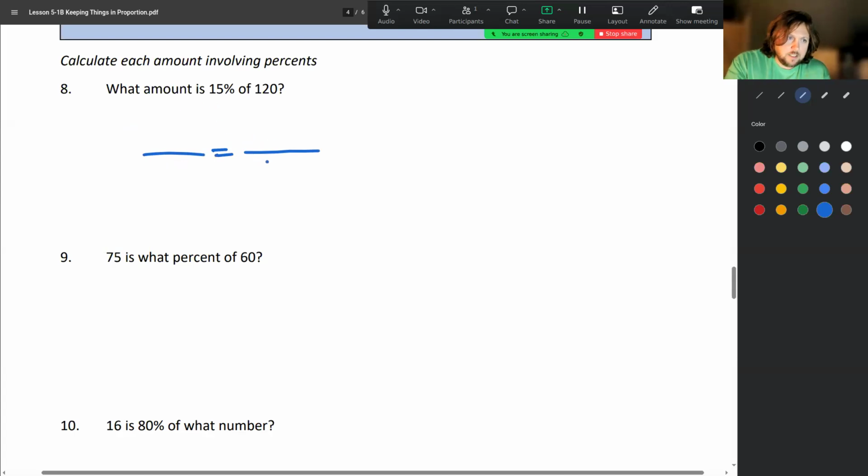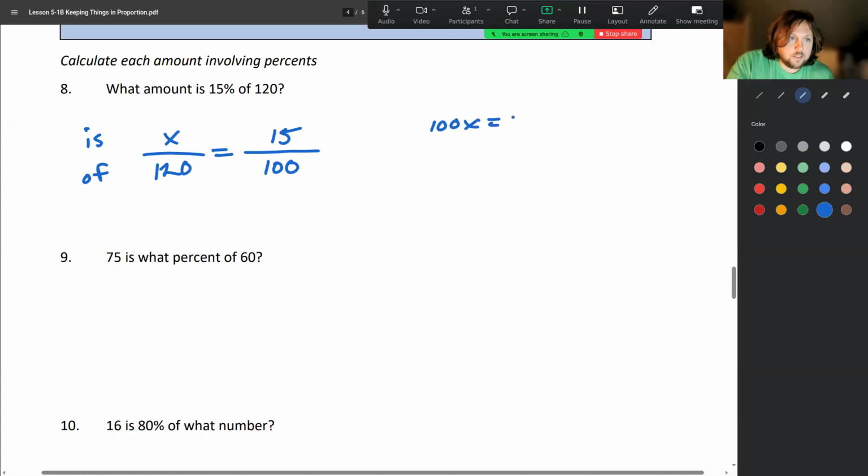I say, I got my free space where I just write 100. I look at this and I see 15%. So the 15 goes over the 100. And then for the left-hand side, I think is over of. So I see of 120. So that 120 goes on the bottom. And then what amount is? Well, we'll call that x. And now I just cross multiply and divide.